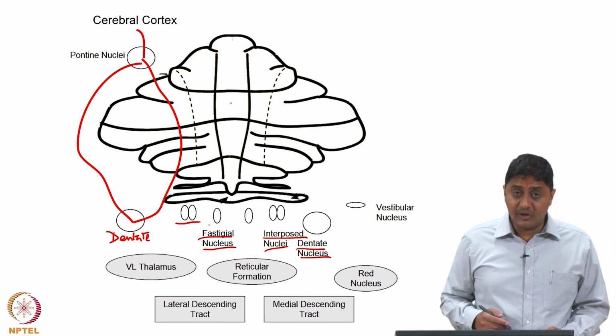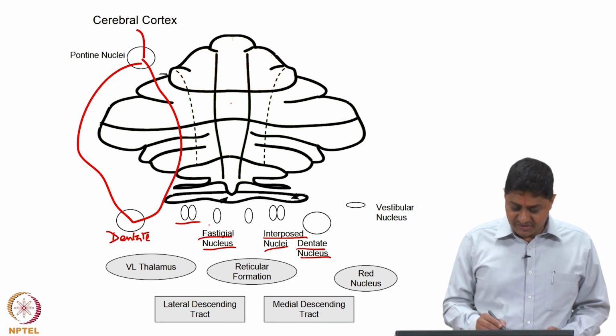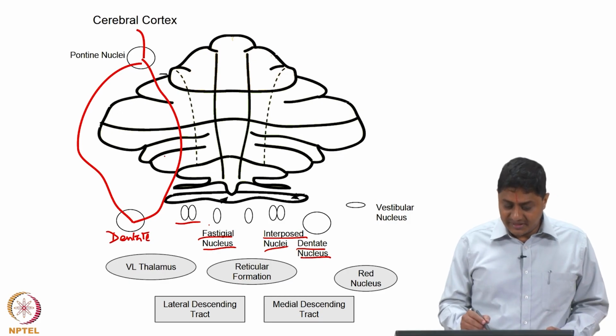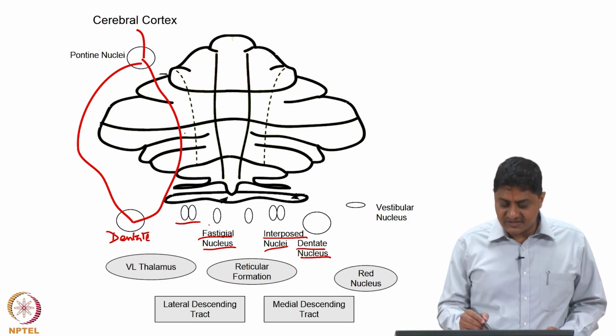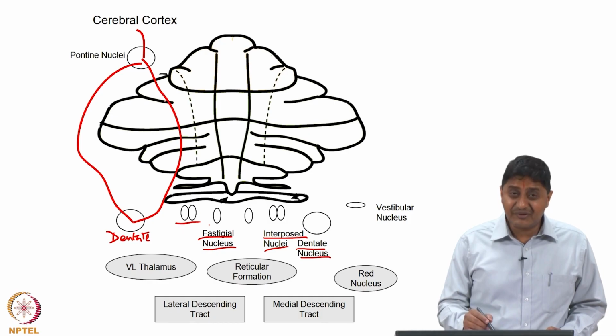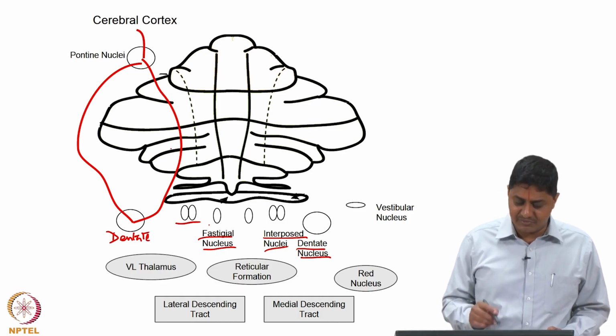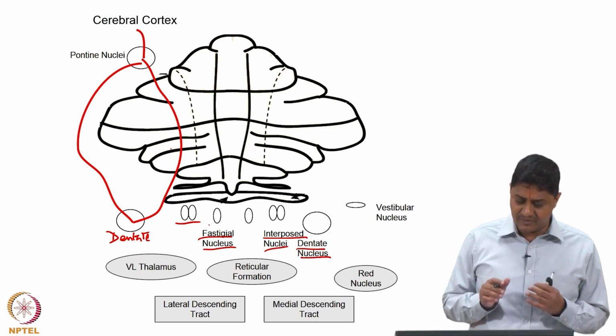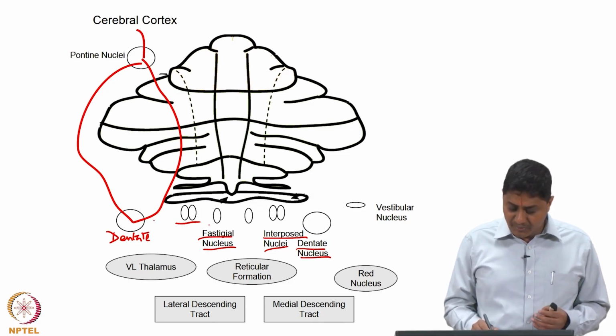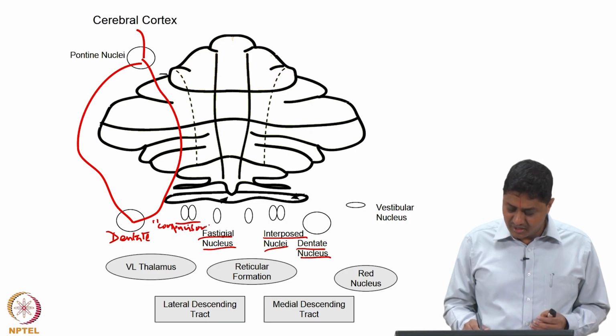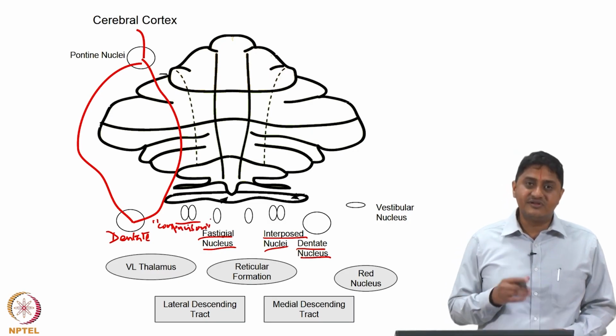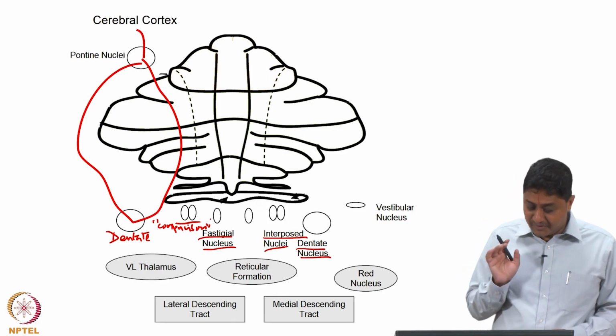So, the pontine nuclei project directly to the dentate nucleus, but the dentate nucleus also receives input from the cerebellar cortex. What is this input? This is the Purkinje cell input, is it not? And there is a comparison that happens at this point. We have seen this during our discussion of the cerebellar microcircuit.